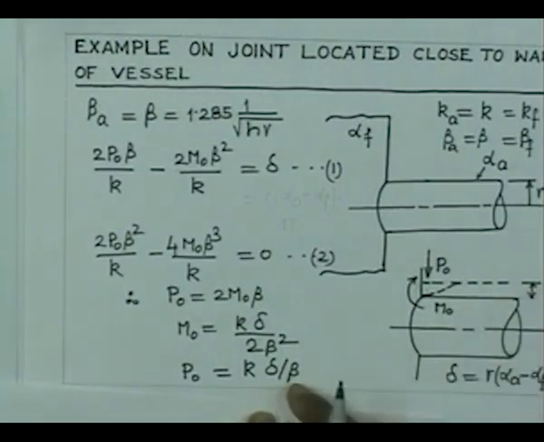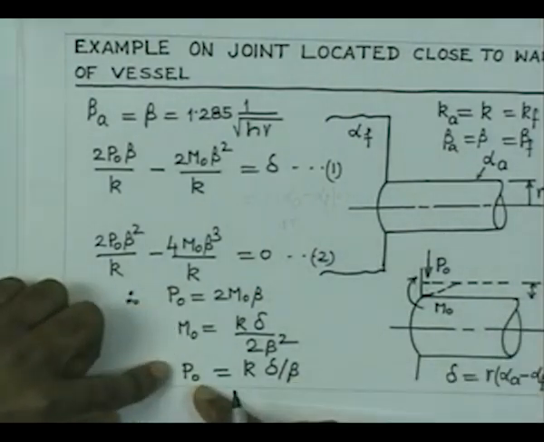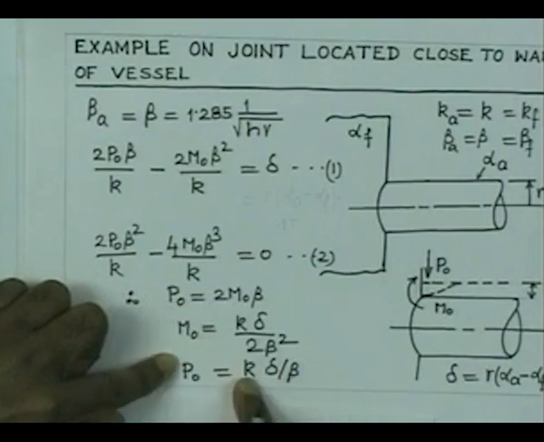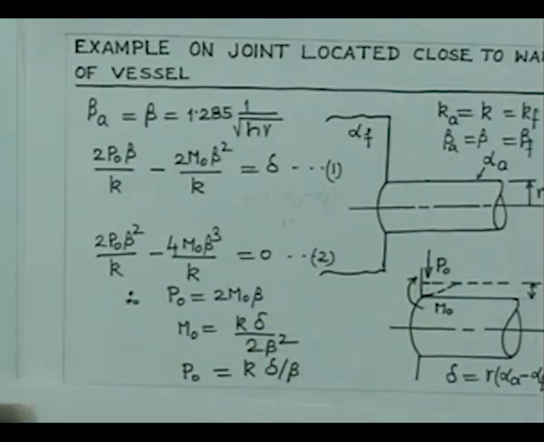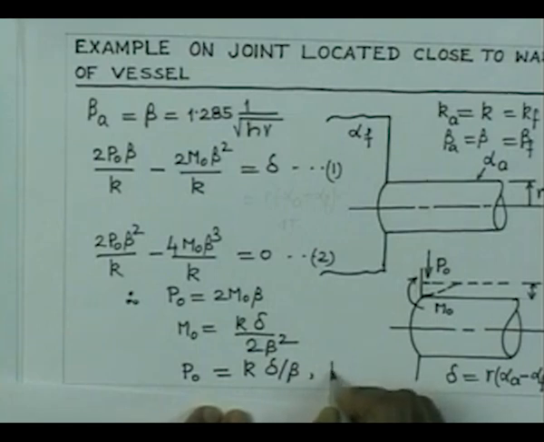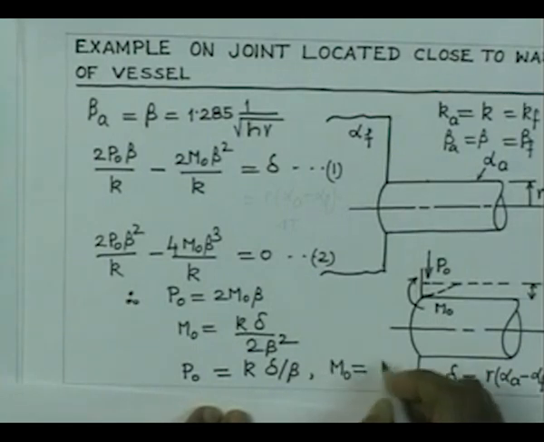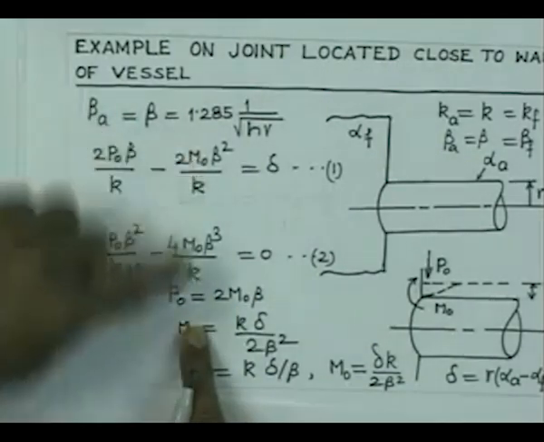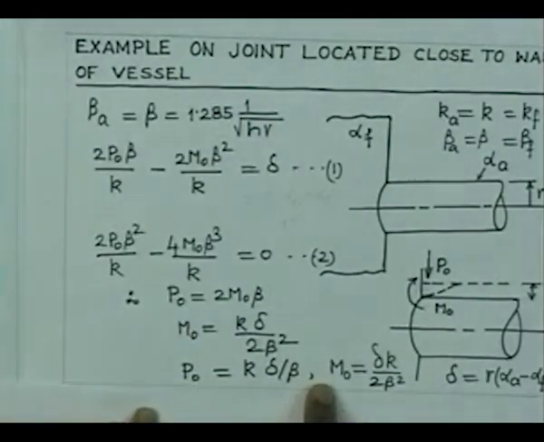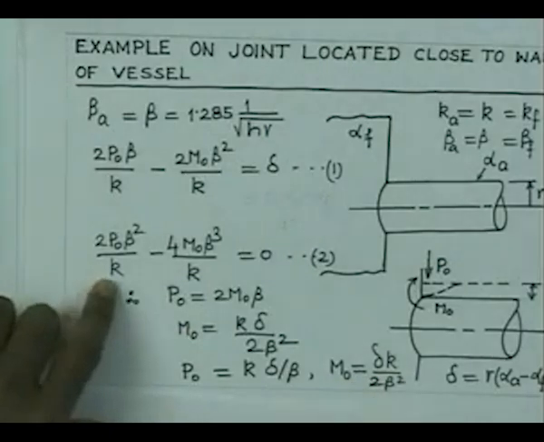So, in terms of delta, we can write P0 is equal to this much, and M0 is equal to delta K by 2 beta square. So, we have got this, and from here if you simplify, it gives you P0 equal to this, and again M0 equal to this. So, these are the forces.